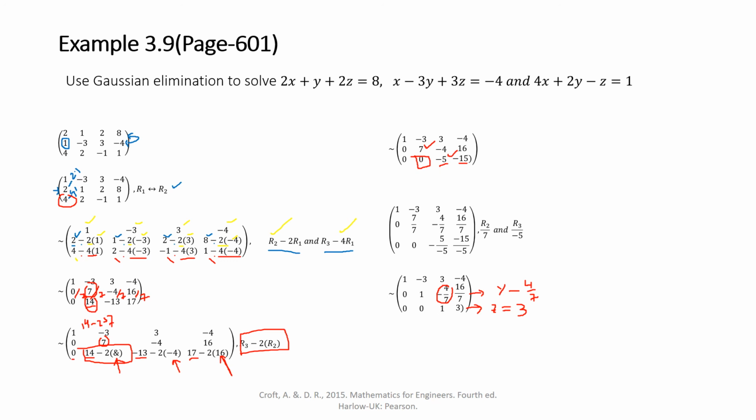So here I put the z value, which is 3, equals the right side, which is 16 by 7, and I think if we solve it, this will become 12, 28, and the y value will become 4.